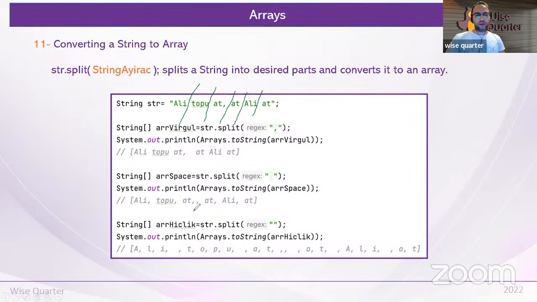You wonder why there are two commas here. As you can see, when I split everything from the space, this is an element. 80 comma is an element. And after the element is 80.